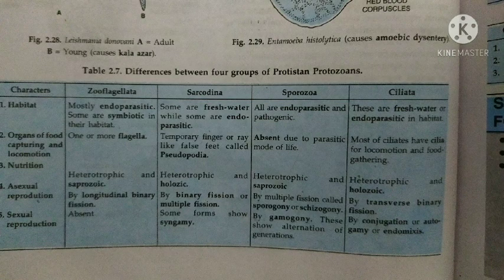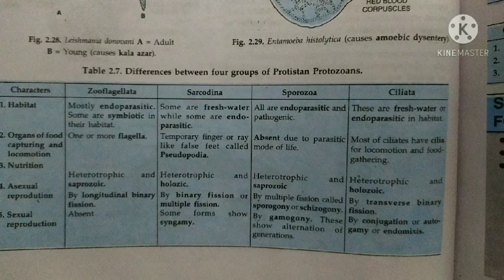Another group is Sarcodina, and the examples are Amoeba and Entamoeba. You have studied in your lower classes also that amoeba have false feet, known as pseudopodia, for locomotion, and they are also endoparasitic in nature. So these are two important features of Sarcodina.